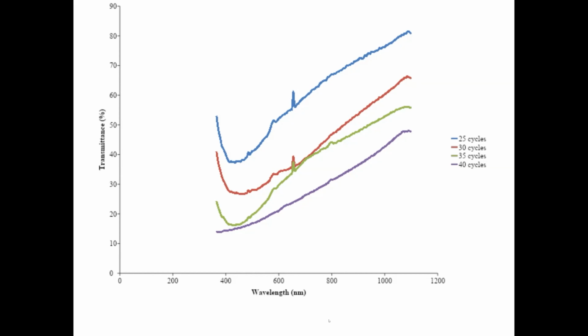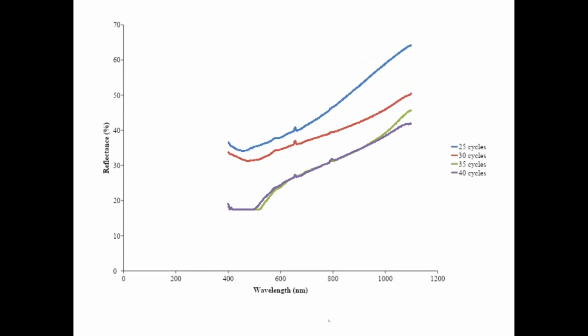Please, let's see the graph for the reflectance. You can see the graph of the reflectance over there. This is the graph for reflectance when sodium hydroxide was used as a complexing agent.